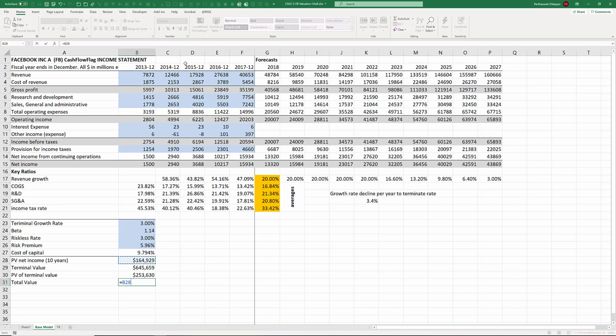Then the present value of the next 10 years plus the terminal value will give us the valuation right now. Then you divide that by the number of shares, and that will give us the starting share price. Okay. So now we want to introduce uncertainties to this model, because right now it is deterministic.